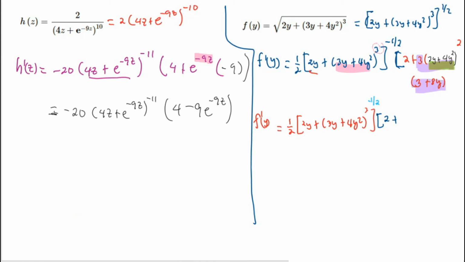So the product for that now will give us 3 times 3 is 9, plus 3 times 8y is plus 24y, times, you copy the next binomial, (3y + 4y²) to the power of 2.